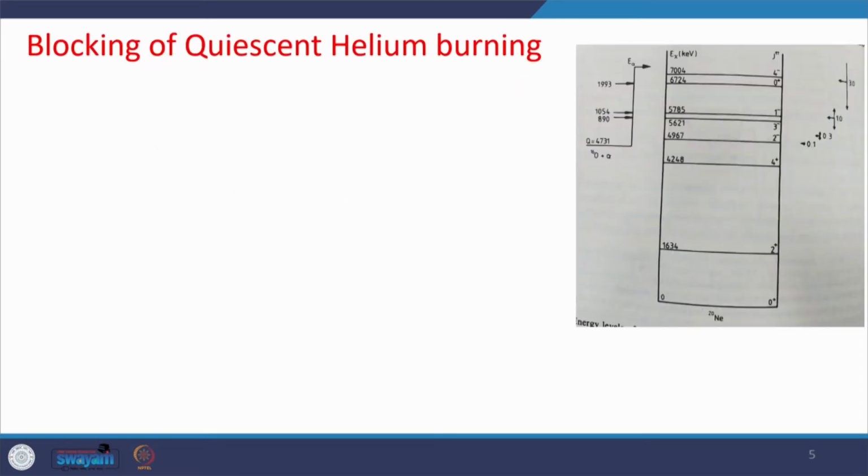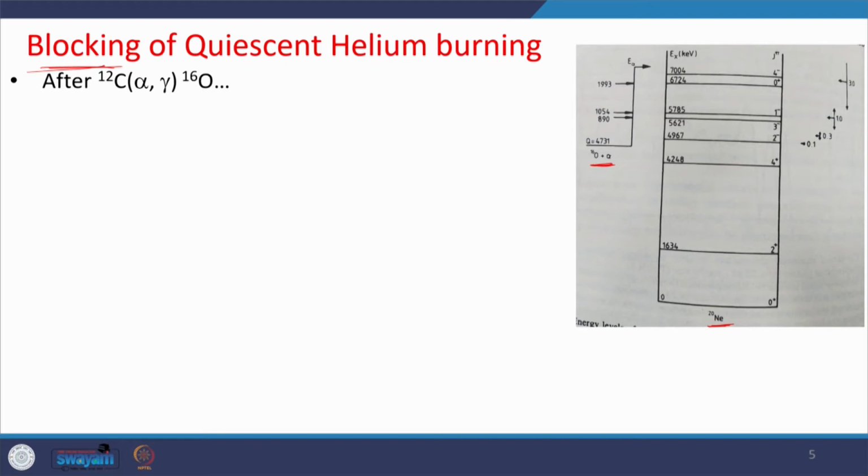Okay. Now, let us see whether quiescent helium burning continues without any problem. No, there are some problems, because of which we observe blocking of quiescent helium burning. Now, here you see alpha plus oxygen 16 gives rise to neon 20.